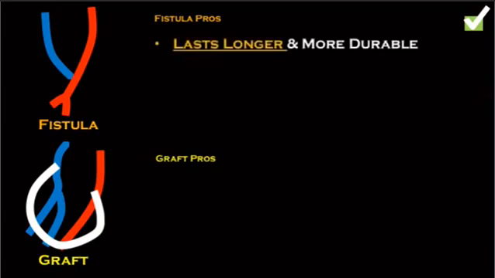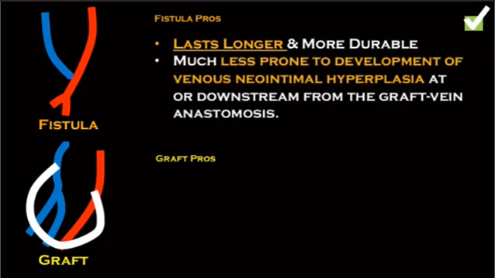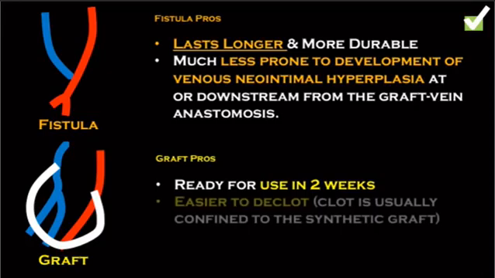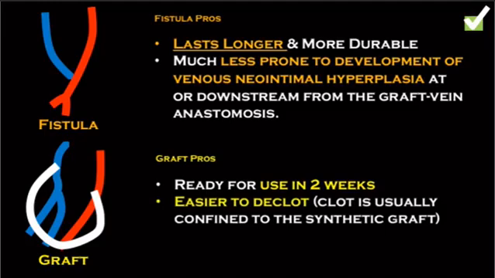All right, so the fistulas last longer, they're more durable, they're less prone to the development of intimal hyperplasia and resulting downstream issues. The pros to the graft are they are more rapidly available to use, they mature quicker, and they're easier to declot, if the clot is confined to the synthetic graft portion anyway.